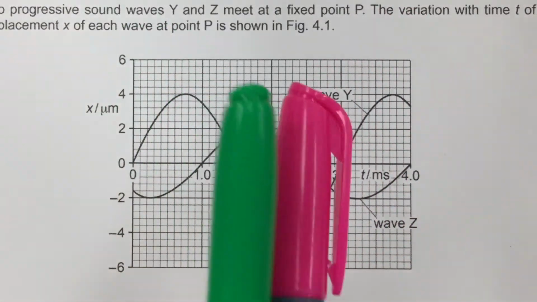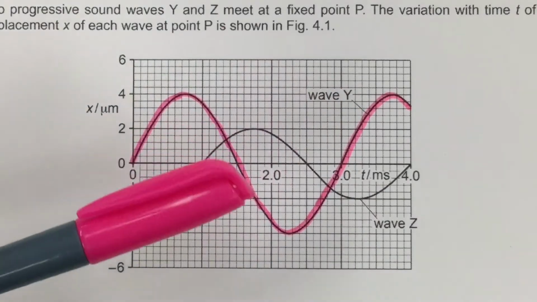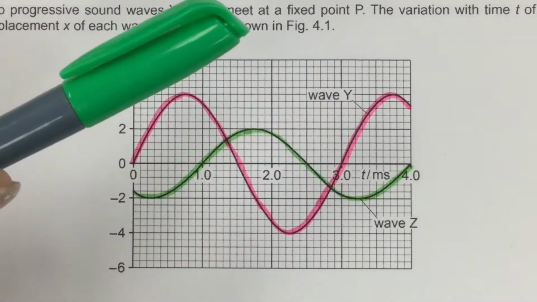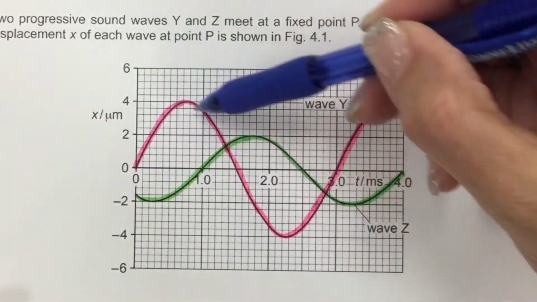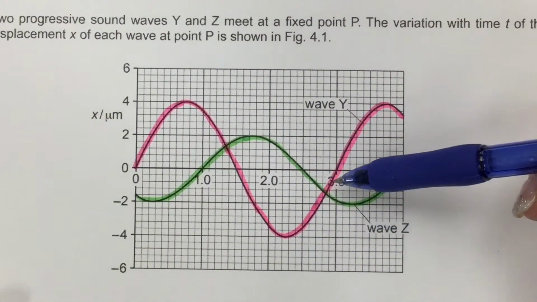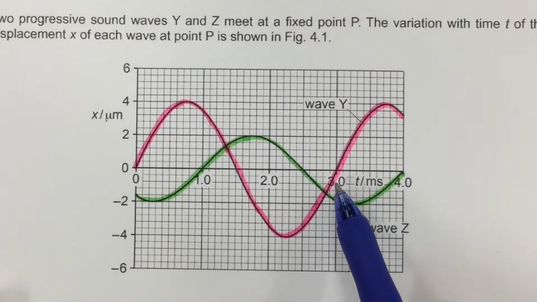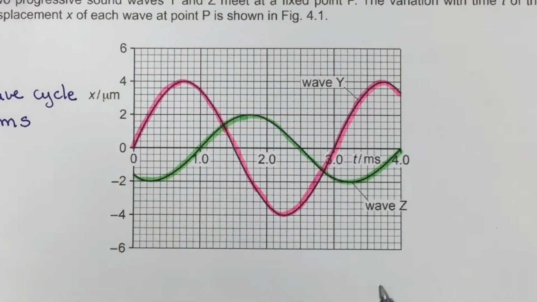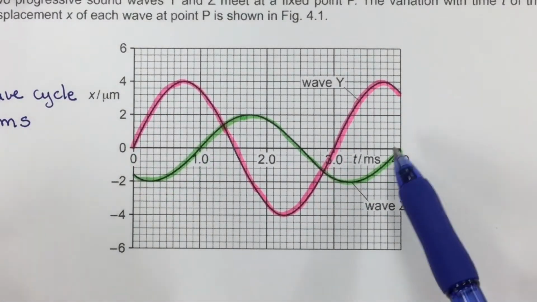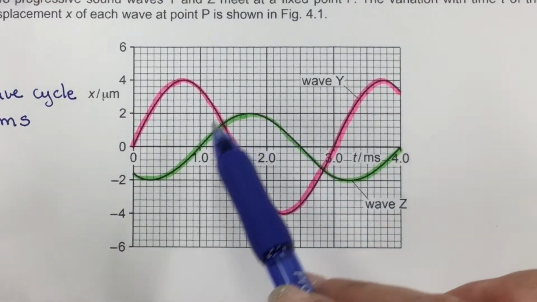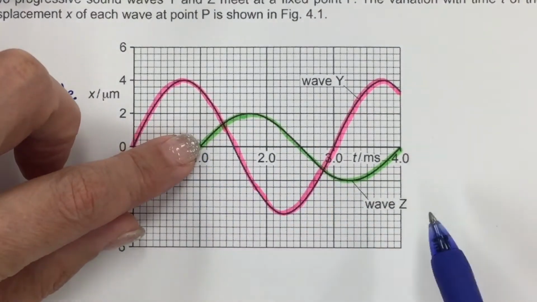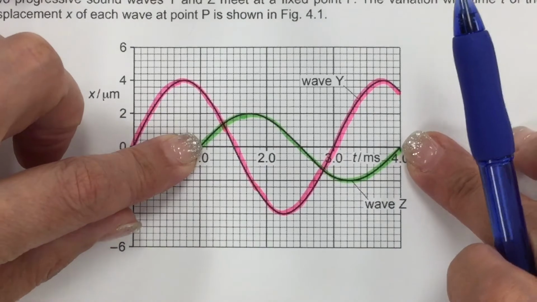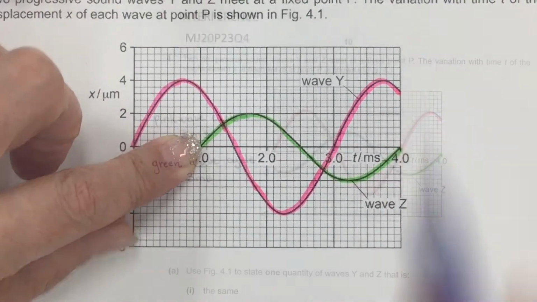I'm going to color code both waves. Y is the pink wave and Z is the green wave. One complete cycle of the pink wave corresponds to 3 milliseconds. One complete cycle for the green wave would be 4 minus 1, so it's also 3 milliseconds.